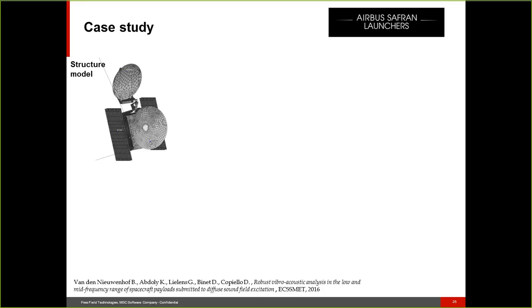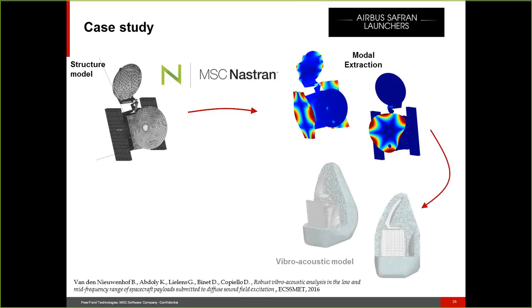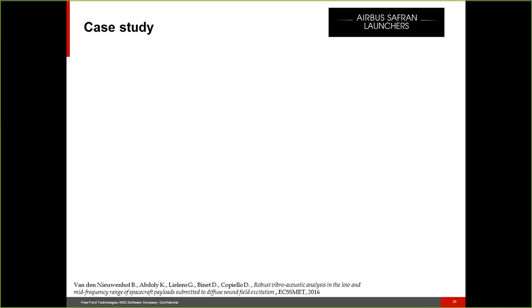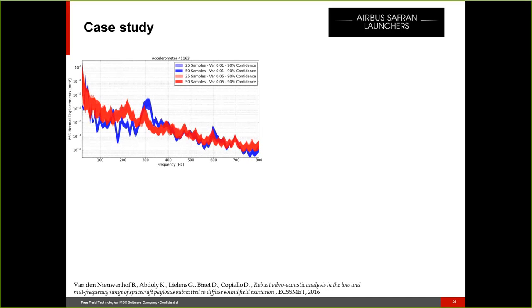This new tool has been recently applied on an industrial model of Airbus Safran Launchers. A similar hybrid methodology has been used to compute the pressure field loading the structure, starting from the Nastran structure model and modes through a vibroacoustic simulation in Actran. Different result types were studied. First, the convergence in terms of Monte Carlo samples was done.